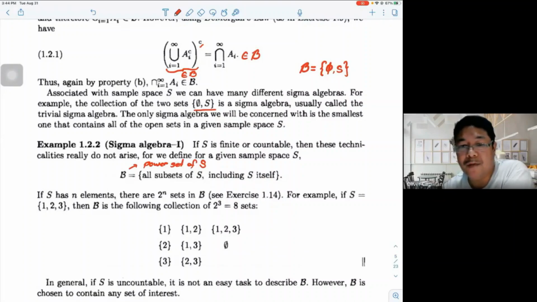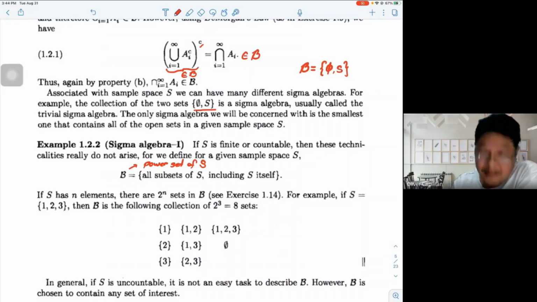So for example, if you consider S here as the set containing the elements 1, 2, 3, then our sigma algebra script B is the following collection of 8 subsets of S. So we have here the singleton, the set containing 1, the set containing 2, the set containing 3.